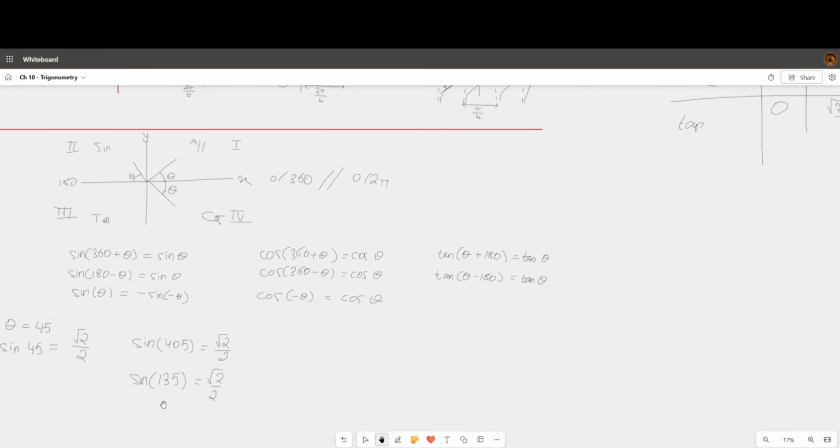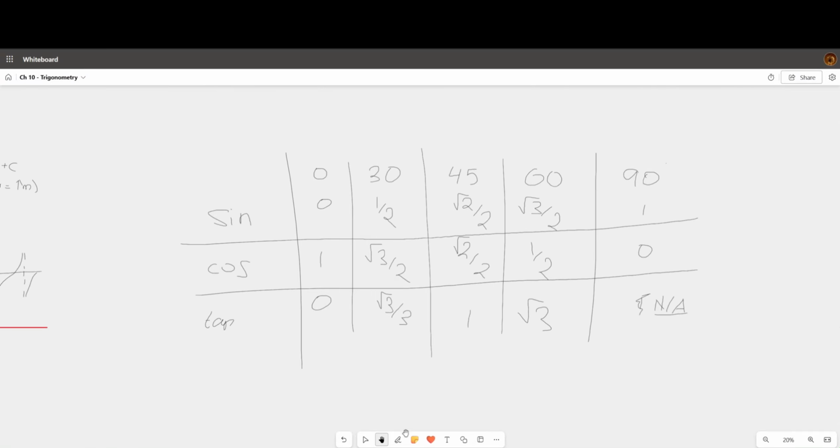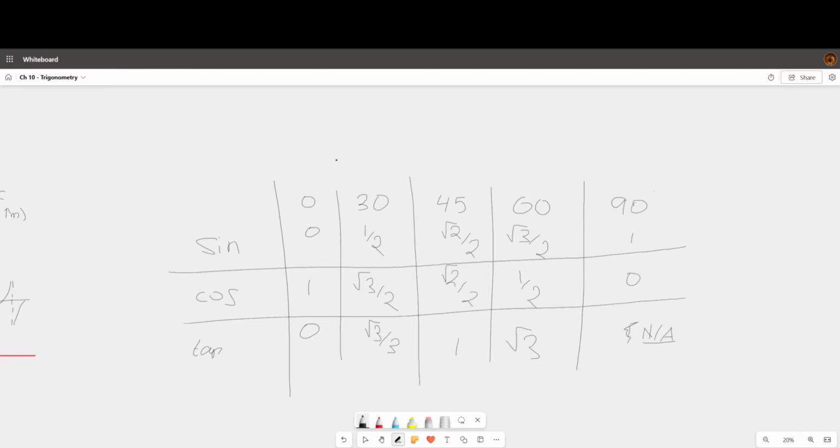So we found out sine 135 and sine 45 are the same thing, but how to remember sine is the major problem. So this is root 0 by 4, root 1 by 4, root 2 by 4, and then root 3 by 4, and root 4 by 4.